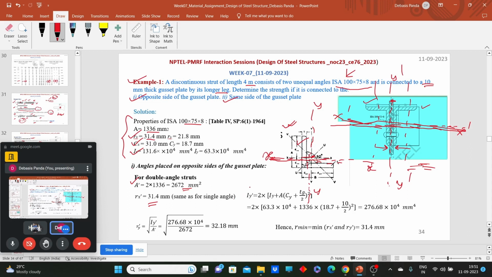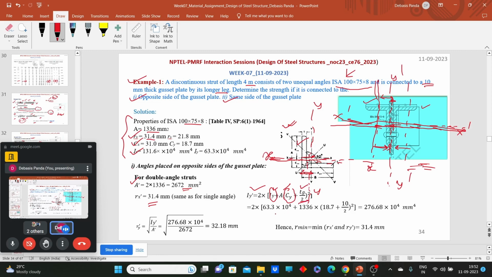Using it, I need to shift my YY axis from here to here, so Iyy plus area multiplied by the distance squared. What will be the distance? We know the value of Cyy, and we just need to add the half thickness of the gusset plate. So Cyy plus Tg, the thickness of the gusset plate, divided by 2.